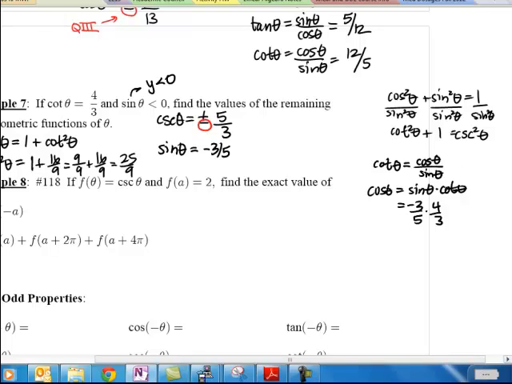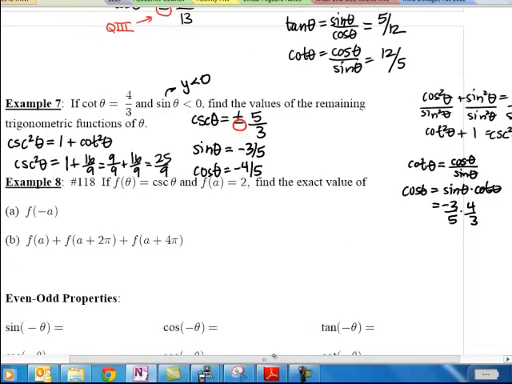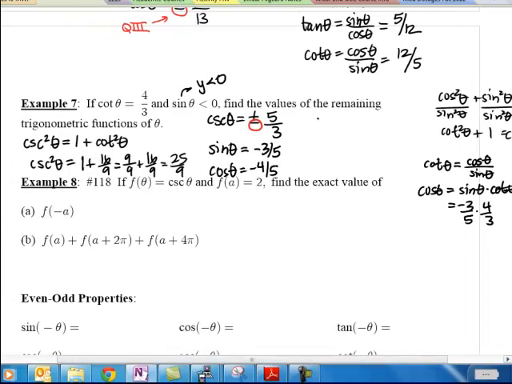So cosine theta is negative 4/5. Now that I have those two, it's easy to get the rest. We just need secant, that's the reciprocal of cosine, and tangent is the ratio of sine to cosine, which looks like it's going to be positive 3/4, which we also knew by looking at the reciprocal of cotangent, so that fits the way we wanted to.